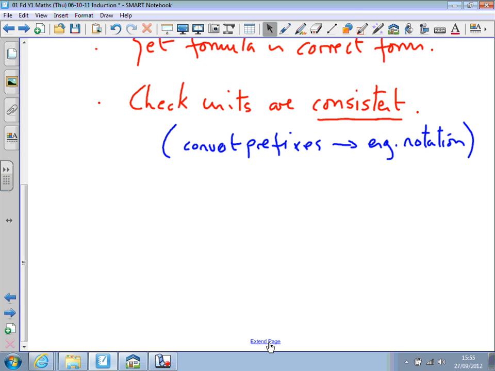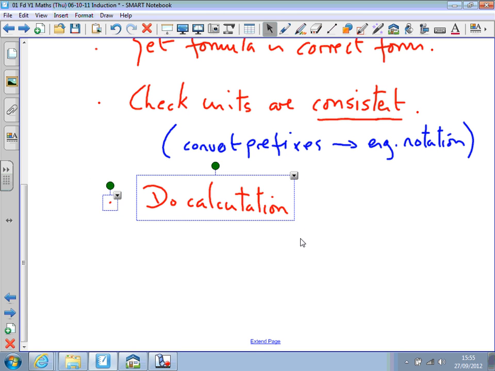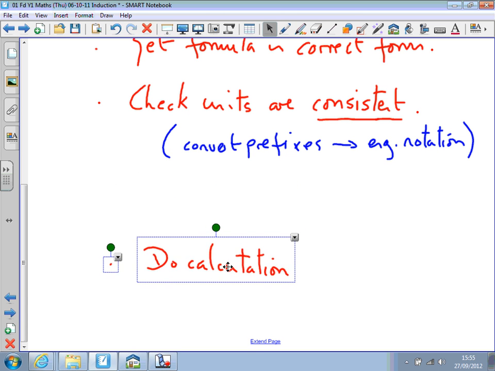At this point, we can enter figures and do the calculation. Actually, if you could just drag this down a bit and leave a gap so you can put something else in. There's something else we could do first, and that I was trying to get you to do. Estimate.